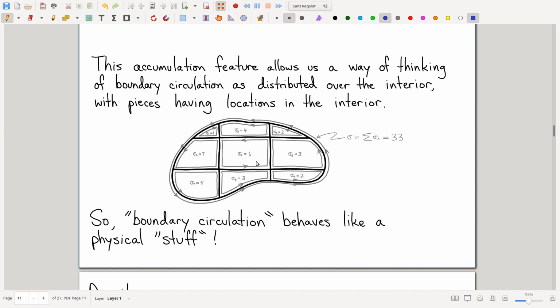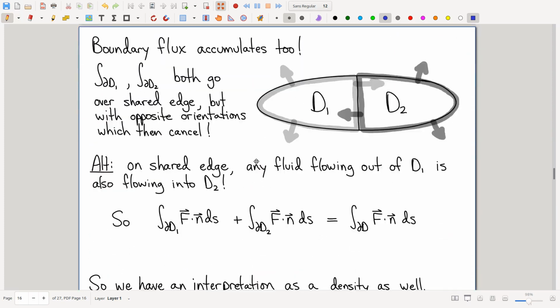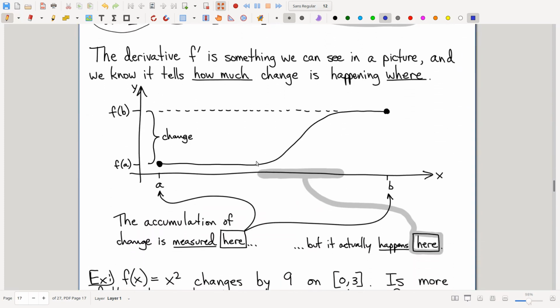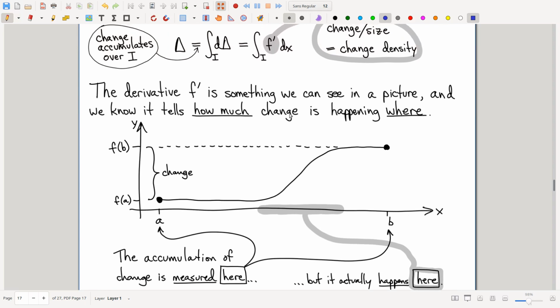So a little bit of a weird idea, pretty uncomfortable, but now let me notice what we have here. Another accumulation theorem. And look at what we're measuring. We're measuring change, how much the function changed.